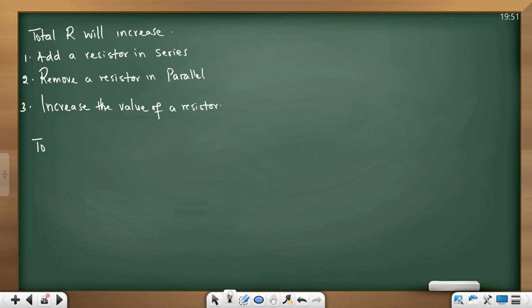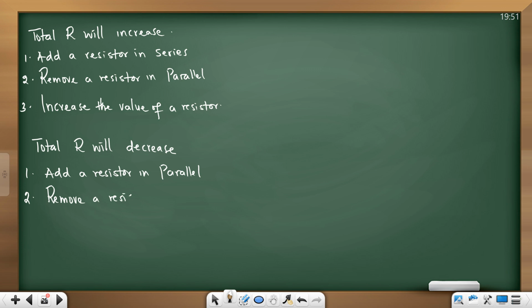And total R will decrease. Number 1, when you do what? Add a resistor in parallel. Number 2, remove a resistor in series.